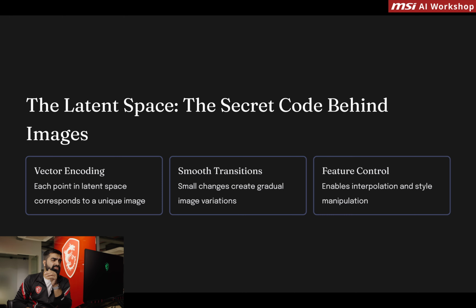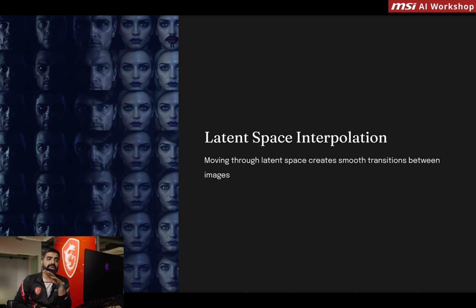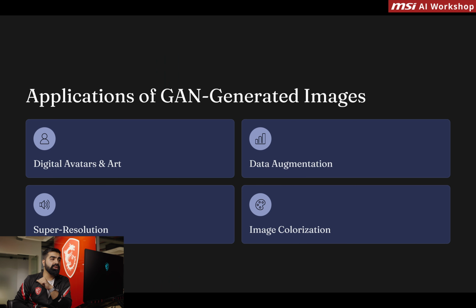And let's look at the latent space interpolation. By the way, the images you see are all AI generated, all generated from my local system. They have not been taken from any of the LLMs available online. So let's look at some of the latent spaces and how they create a smooth transition between the images.